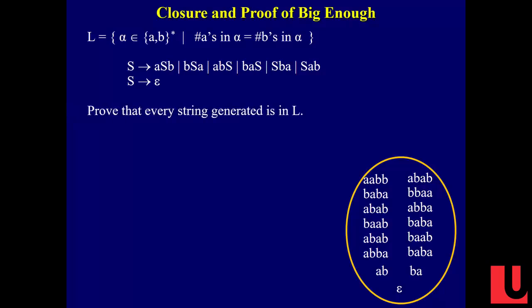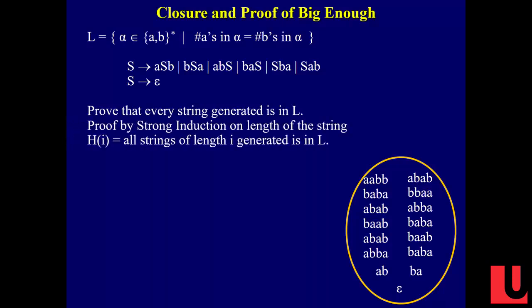So we're going to do a quick proof that every string generated by these rules has the same number of A's and B's. It's going to be proof by strong induction on the length of the string.